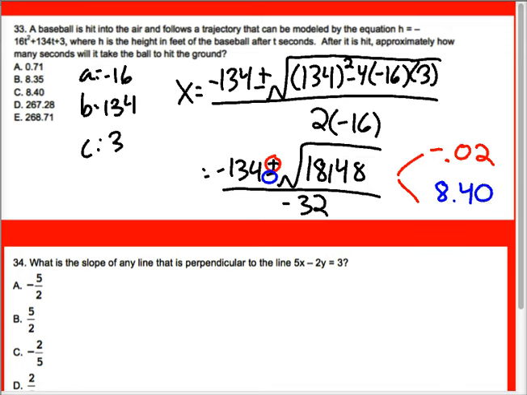Now, you are looking at the seconds for the ball to hit the ground. Well, considering you can't have negative time, that's why they rule out that choice right away. You can't have negative time, so your answer is going to be that 8.4.